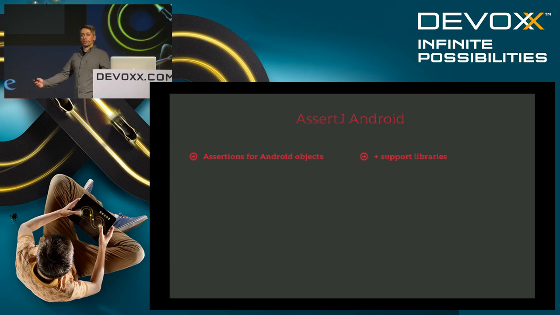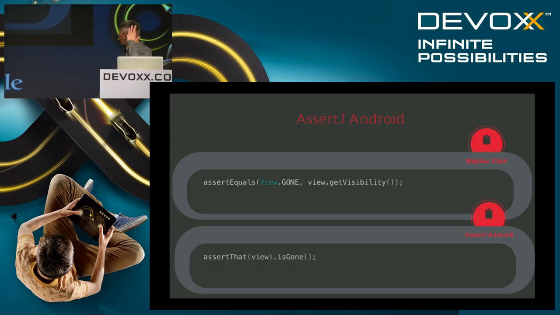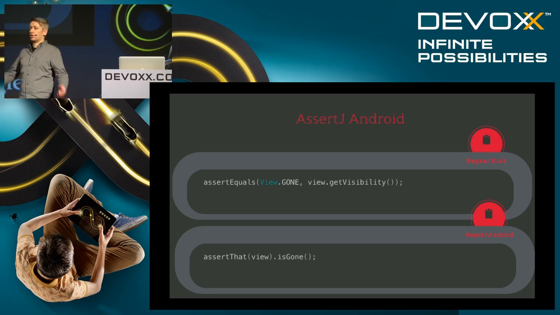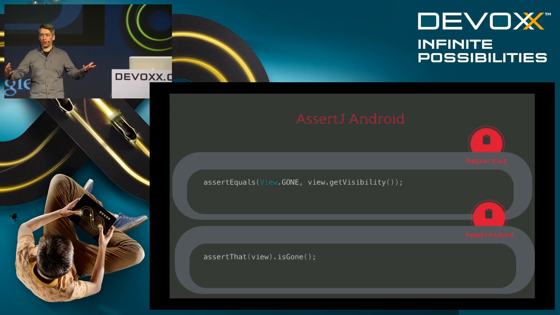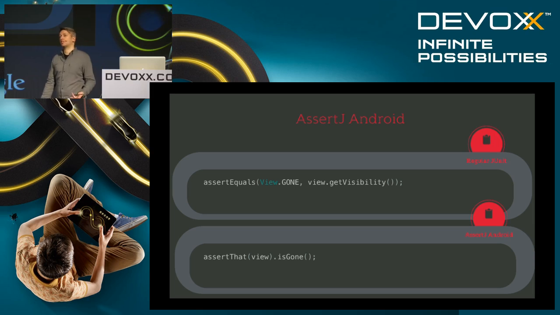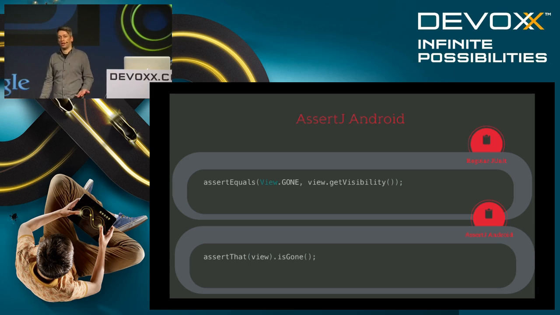Say you want to do assertions, so during a test, you want to assert state and so on. The upper one is how we would do it until now. So, for instance, you want to assert the visibility of a view. We all know that you can have visible, invisible, and gone. Android works with these nice integer constants instead of an enum.